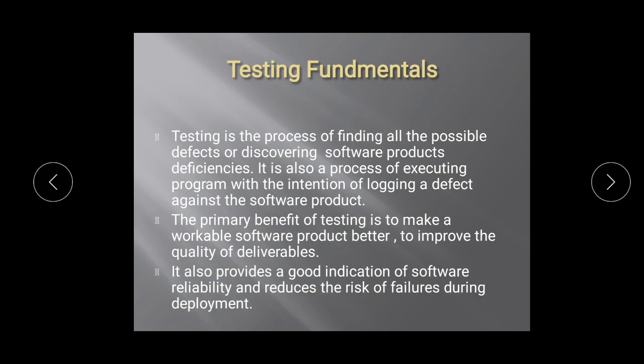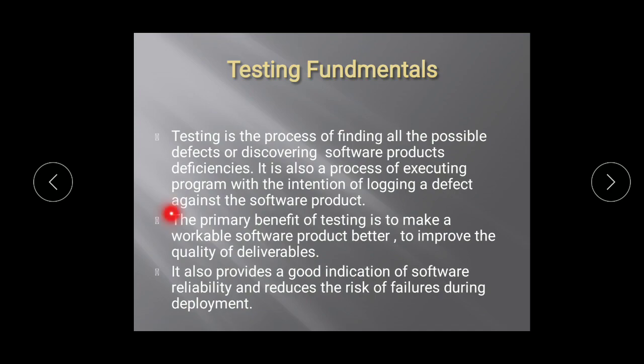It is also a process of executing a program with the intention of logging a defect against the software product. So when there are failures, to remove those defects, a testing process is executed to check whether any defects are there or not.